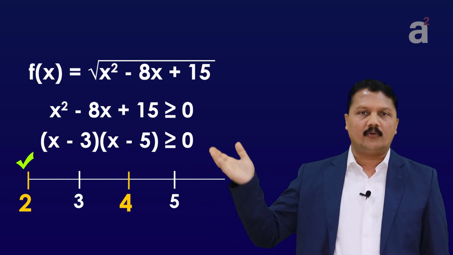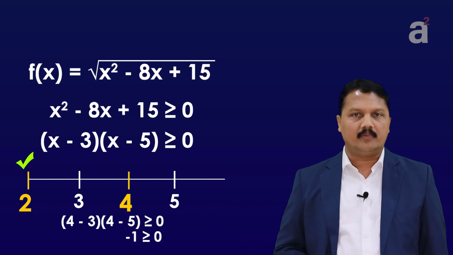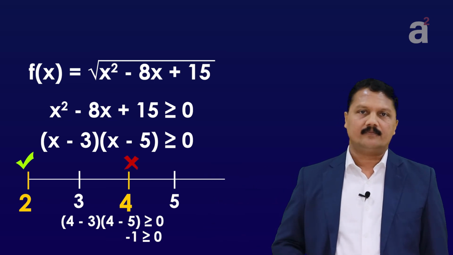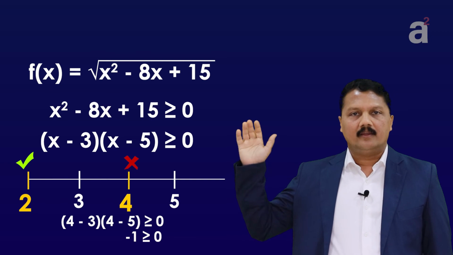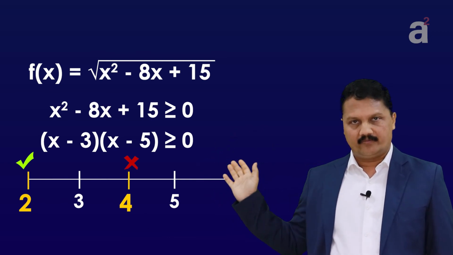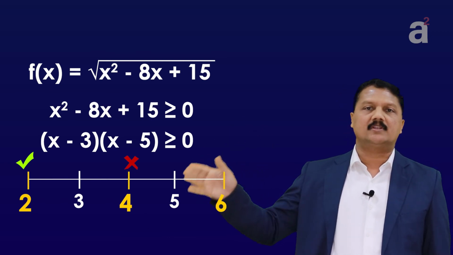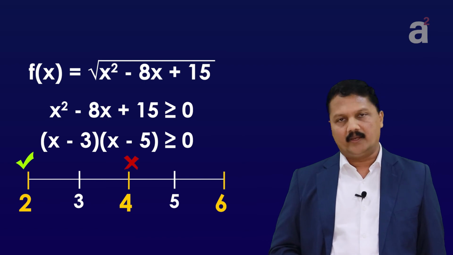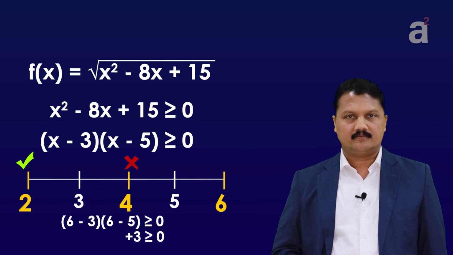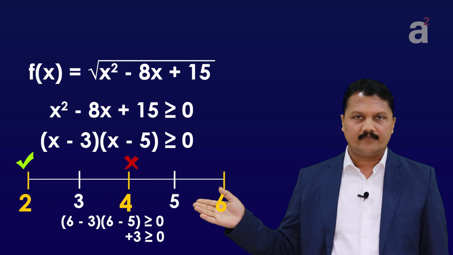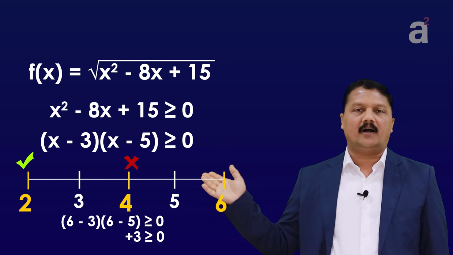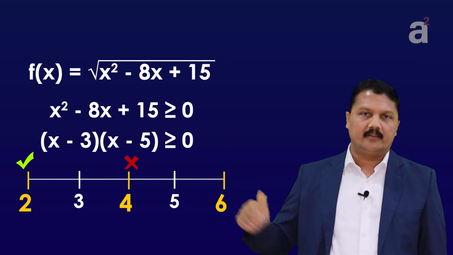When you substitute 4 in this, it is a negative number. So this is wrong. Then take a number after 5, say 6. Then substitute in the inequality. What do you get? It's positive. So this part also is included in the domain.